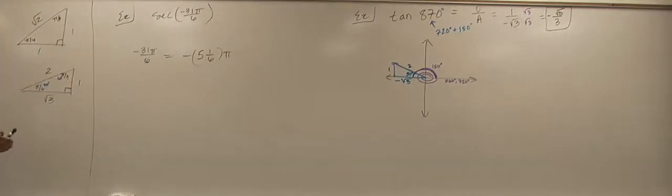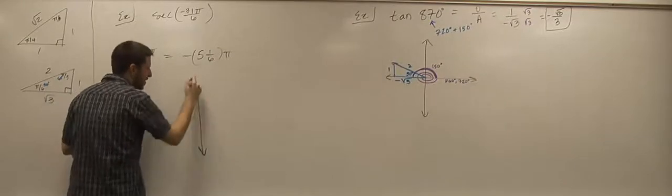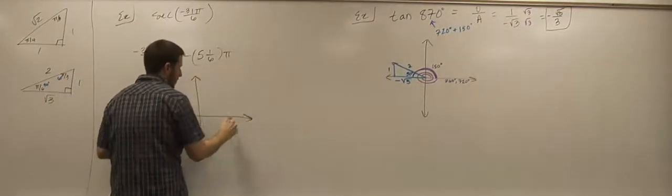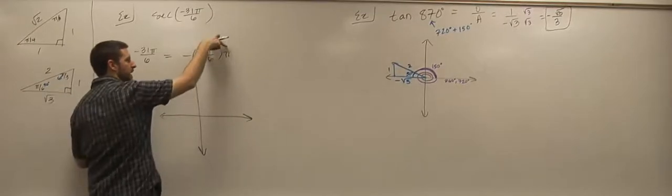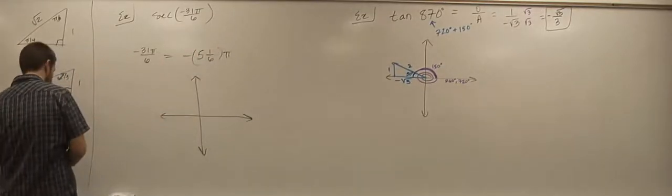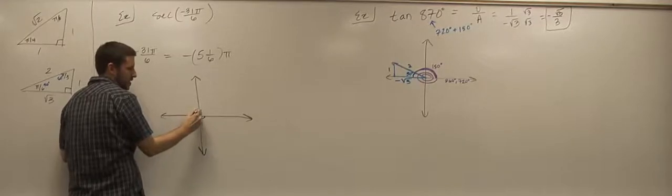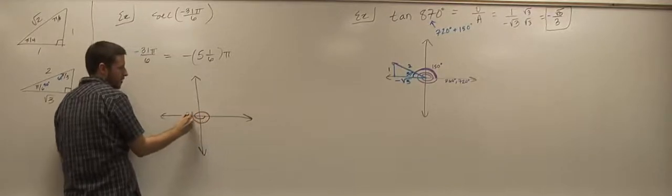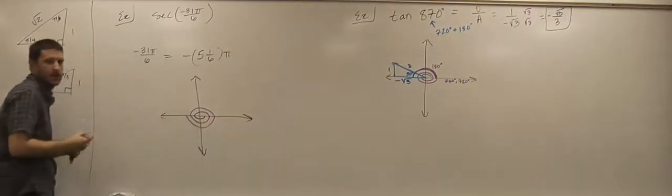As far as graphing goes, that's the angle we want. And the negative does matter because you'll end up in the wrong quadrant if you don't take that into consideration. So first I'm going to do my negative 5 pi. Here's negative 1 pi, a half revolution, negative 2 pi, negative 3 pi, negative 4 pi, negative 5 pi.